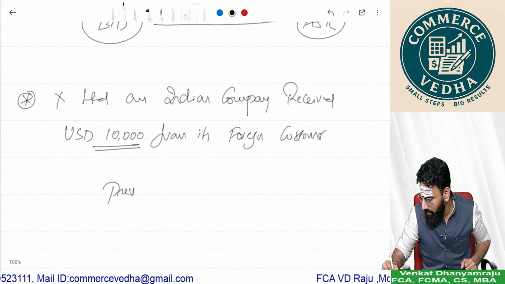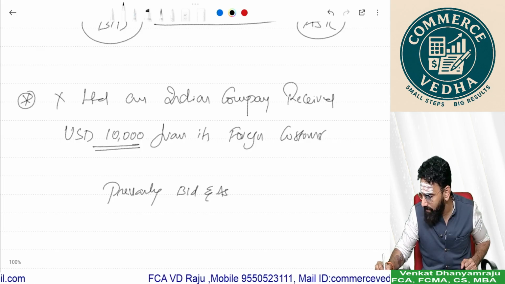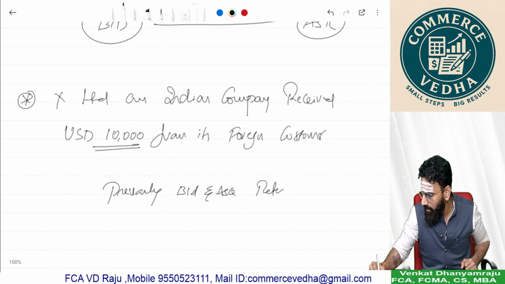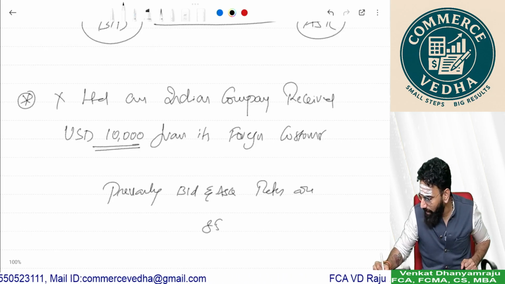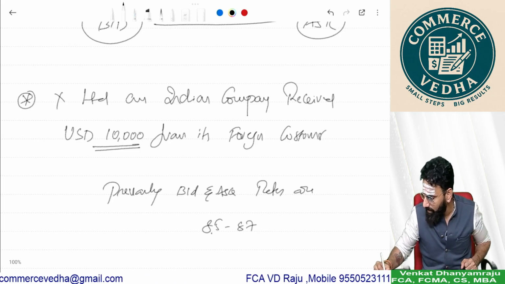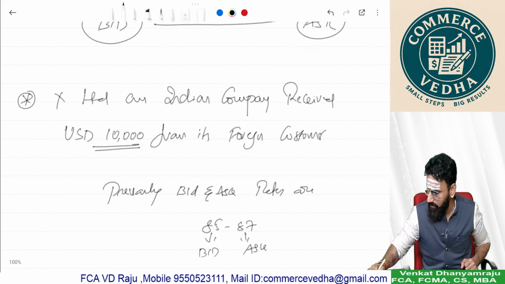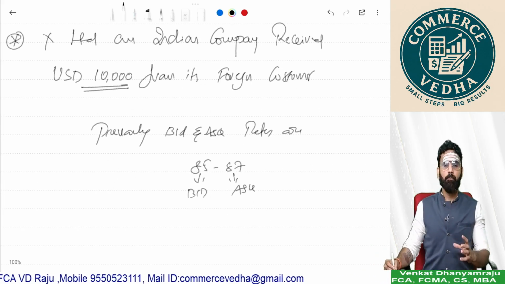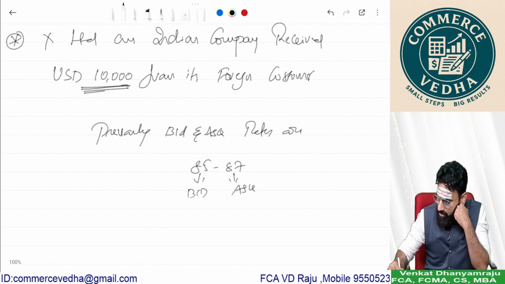The prevailing bid and ask rates are 85, 87. This is bid, this is ask. Tell me how much money you can get by converting these dollars.